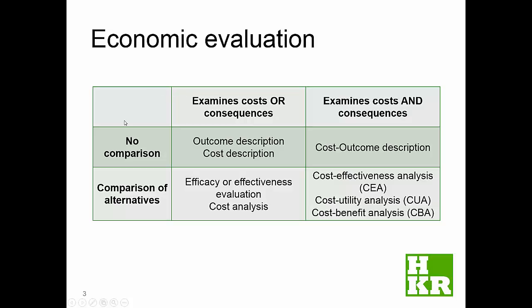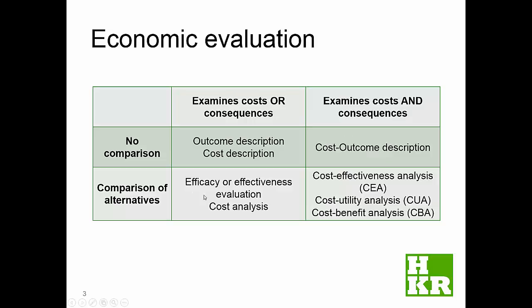So here is one way to look at it. We had the question of comparison. Do we have alternatives that we can compare, or do we only have one alternative? And the other dimension was, do we examine both cost and consequences, or are we only focusing on either costs or consequences?